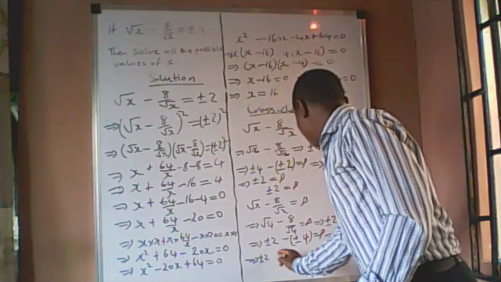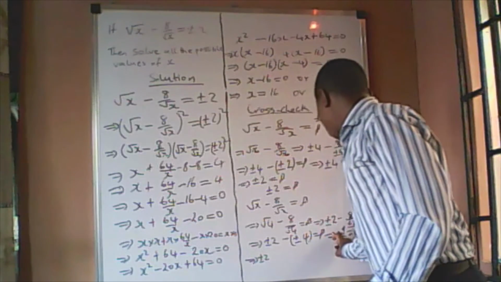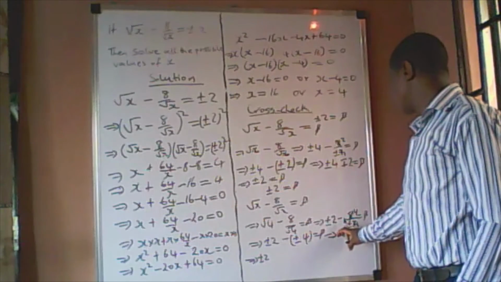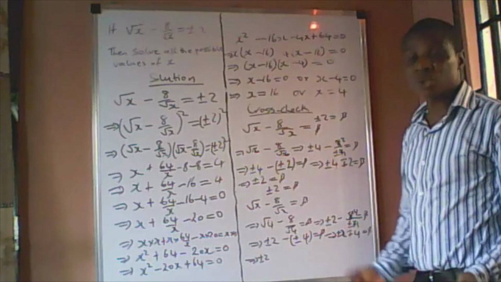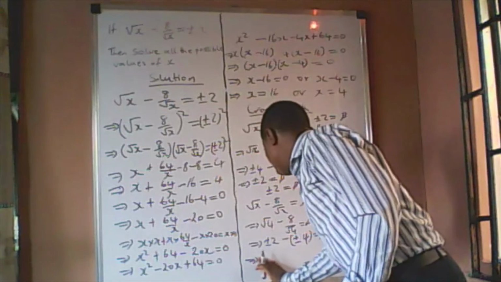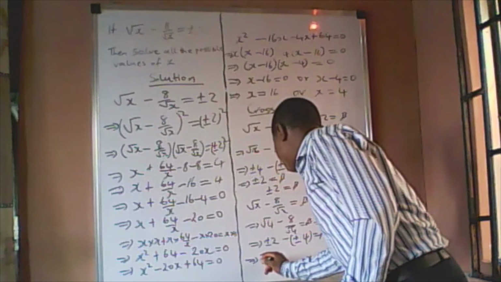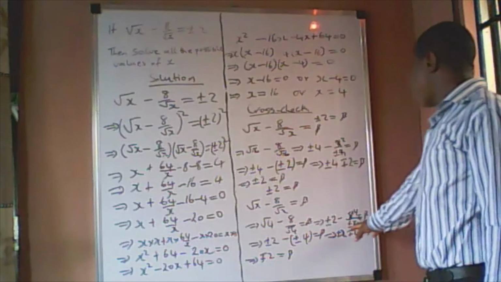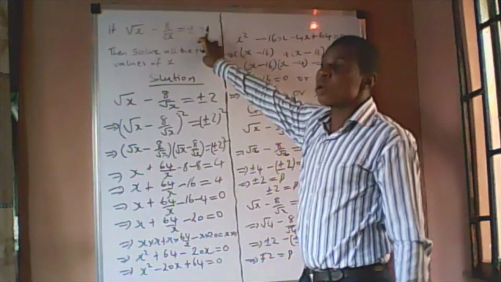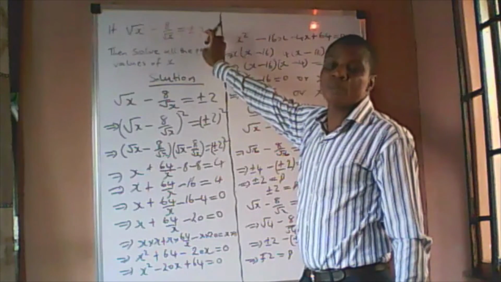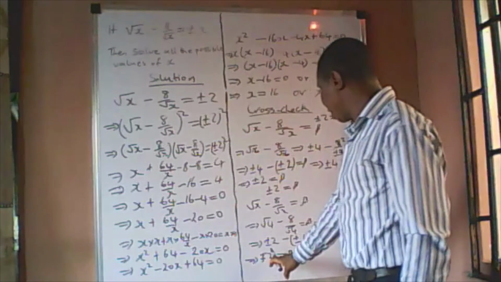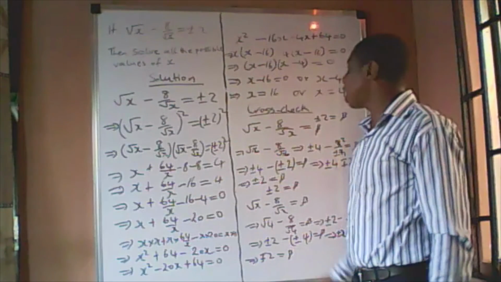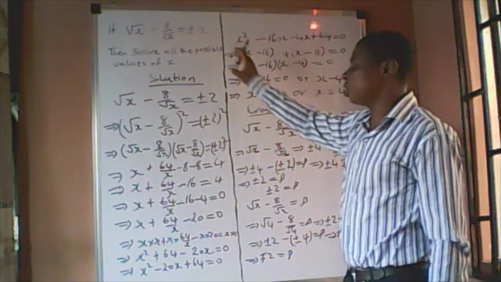You have plus 2 minus or plus 2. That means minus 2 minus 4 will give us minus 2. That means it is minus or plus 2 equal to beta. That means 4 also satisfies the equation, whether the value is plus or minus 2. We said right here beta is either minus or plus 2. That means the two answers satisfy the equation.